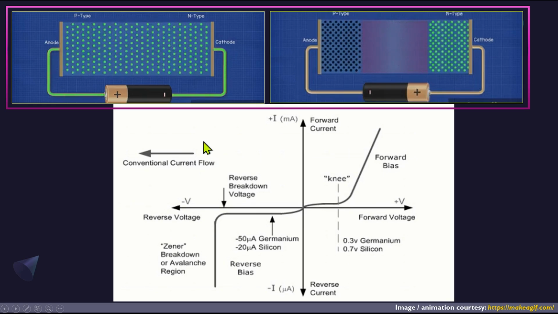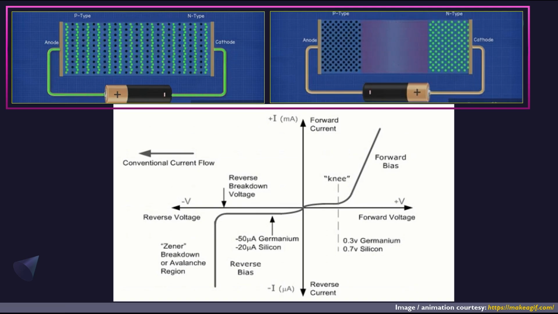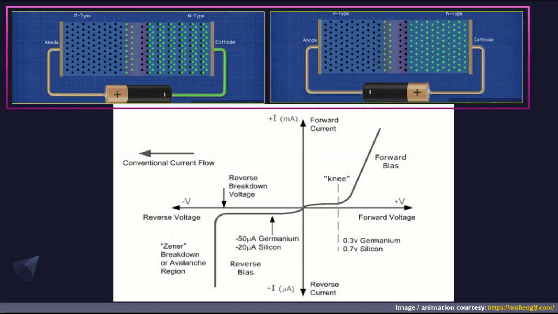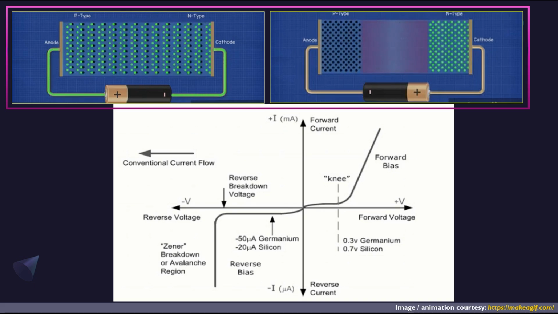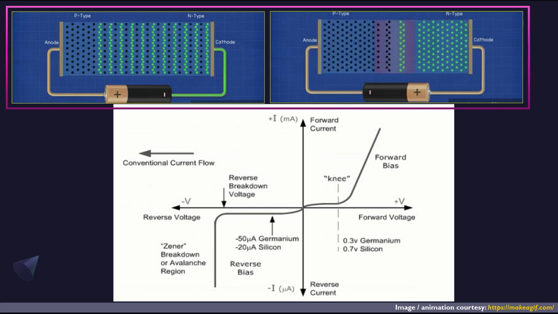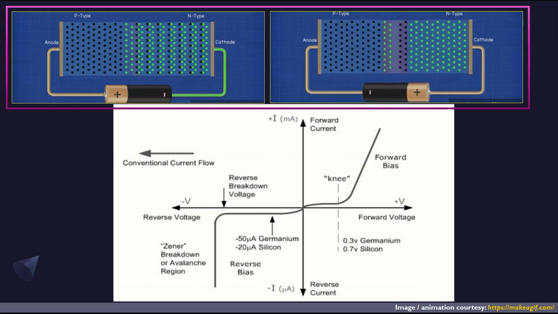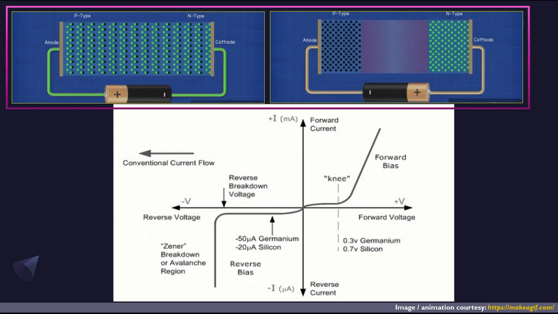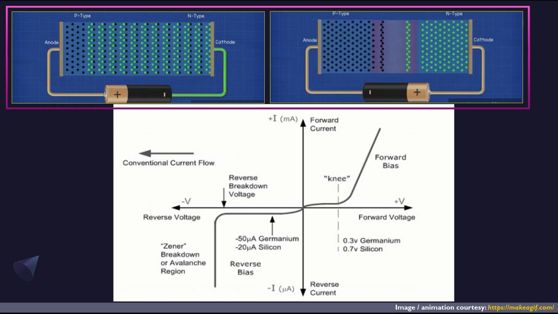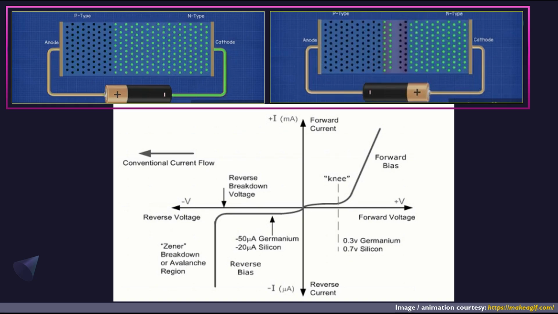That regulator can control the voltage and make it constant at a particular level. For example, if you want to make the voltage constant at 5 volts, that can be done. We just have to put a Zener diode whose reverse bias breakdown voltage is 5 volt, and putting that Zener diode in a reverse bias condition will help us to maintain the voltage at 5 volt.